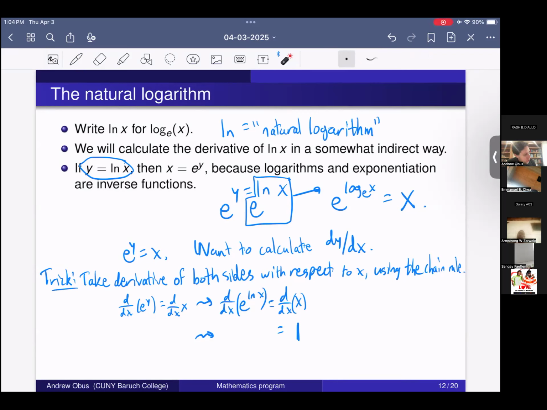By the chain rule, the derivative of e to the something is e to that something times the derivative of the something. So in this case, the derivative is e to the ln of x times the derivative of ln of x.